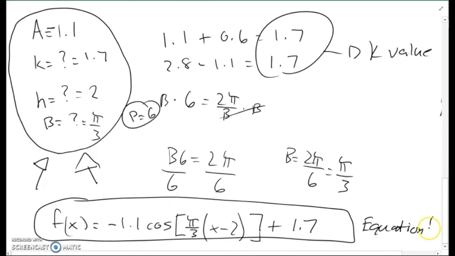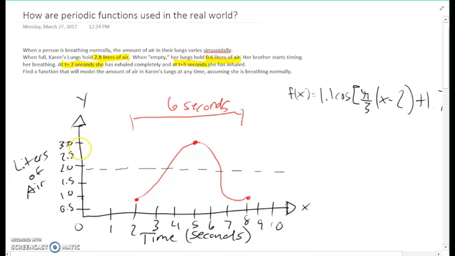That's our equation for the graph. In the graph, the function starts at 2.8 since it's a cosine graph. The points in the graph are (2, 0.6) and (5, 2.8).